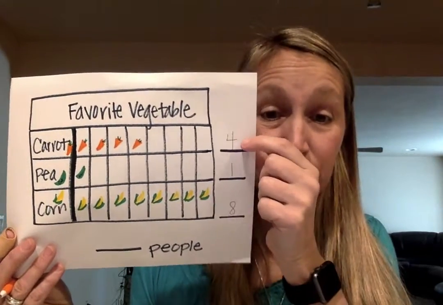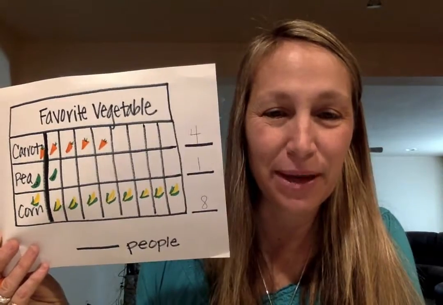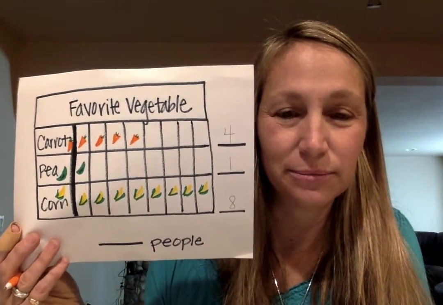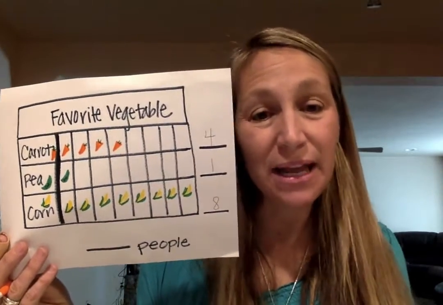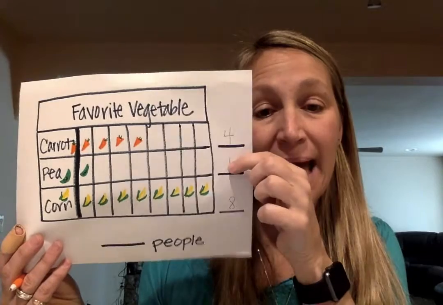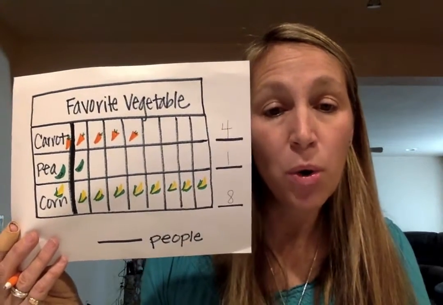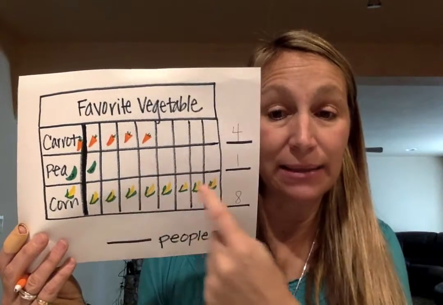Sure, we could absolutely add 4 plus 1 plus 8. What's another way we could do it? We could count every single one of these. So you can either choose to make it into an addition problem by adding all of these numbers together, or you can count individual responses.